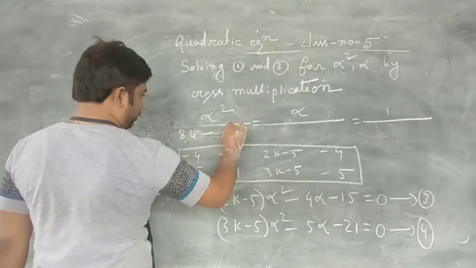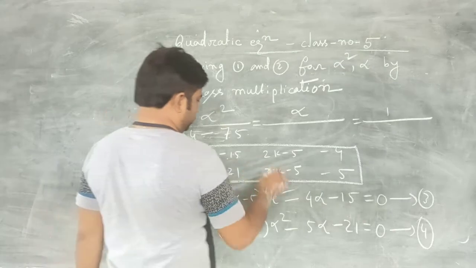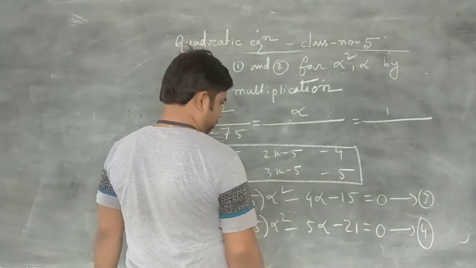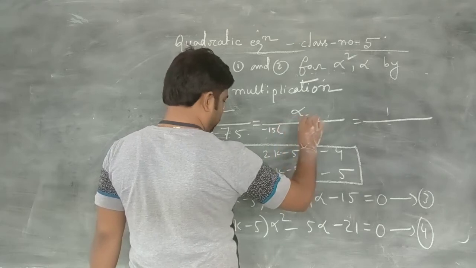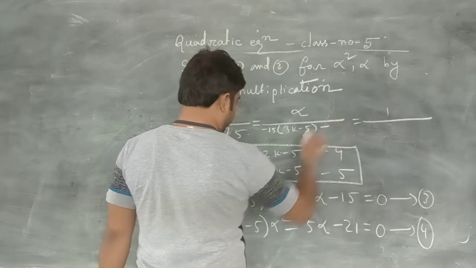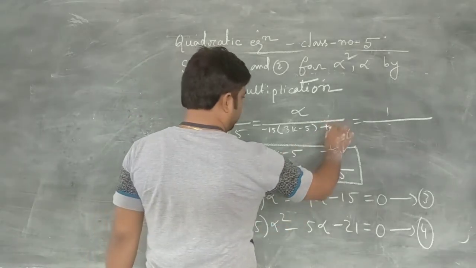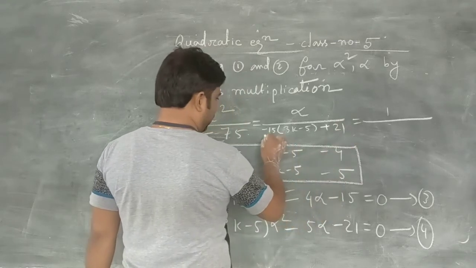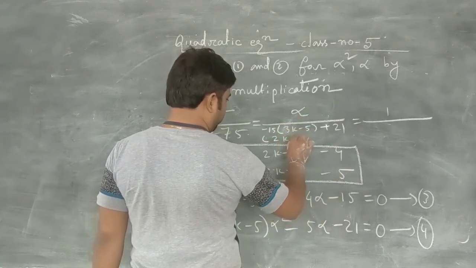There will be a minus sign between the two. Next, this into this and this into this. So this is minus 15 into thrice k minus 5, minus 21 minus 5 will become plus 21 into twice k minus 5.